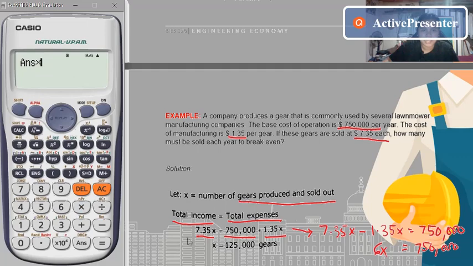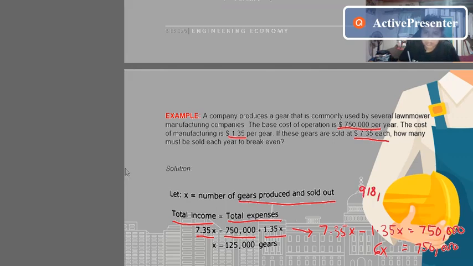So therefore, our total income is 125,000 multiplied by 7.35, which will be 918,750 US dollars. Remember, our total income is 918,750.